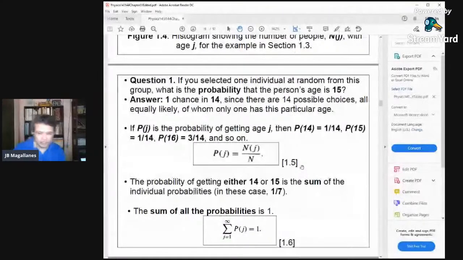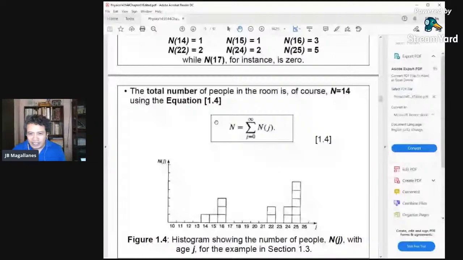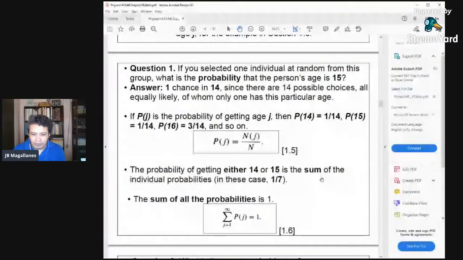First is the Schrödinger equation, and then you also remember this one: the probability of something is just the number of occurrences of that something that you want to find the probability of, divided by the total number of occurrences.